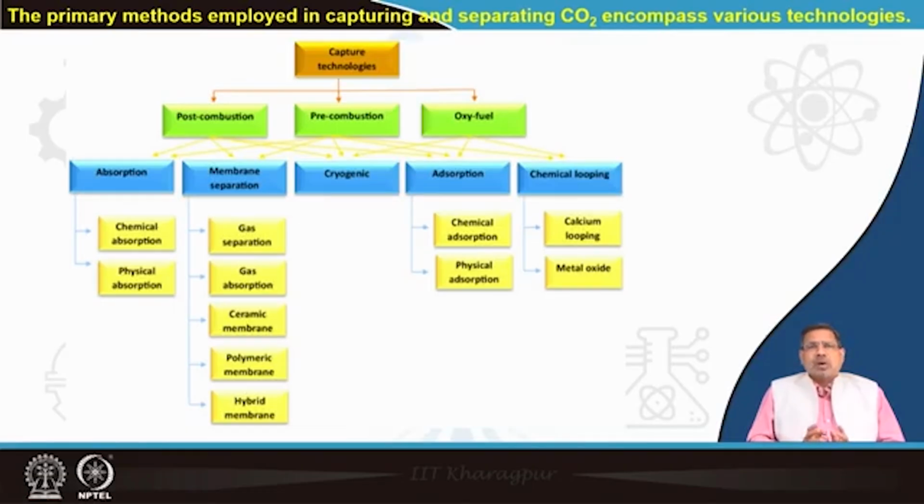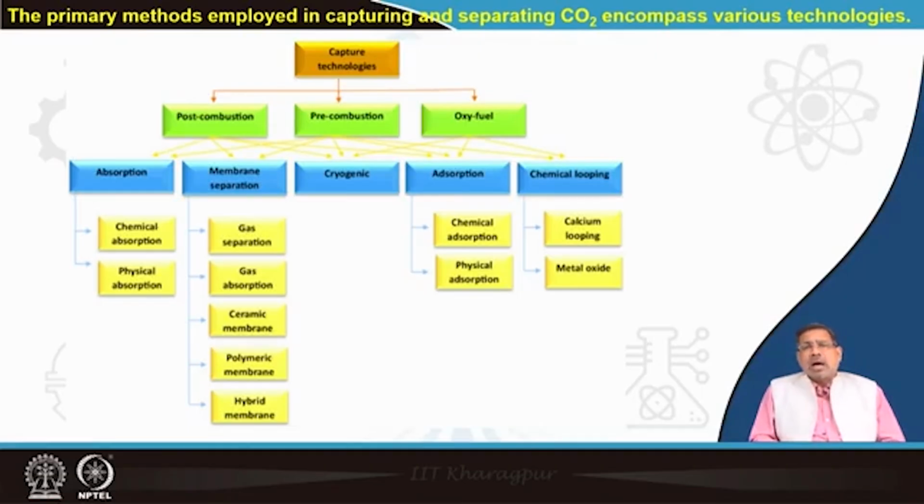In terms of membrane-based separation, because we need to separate carbon dioxide from the rest, that can be done through various technical means. One is gas separation. In terms of gas separation, absorption by various other gases, ceramic membranes, polymeric membranes or hybrid membranes. So membrane based and gas based.